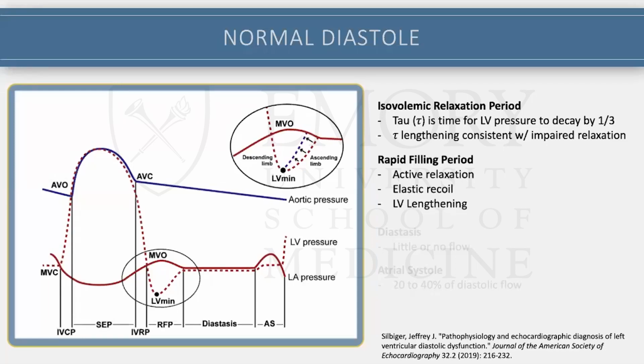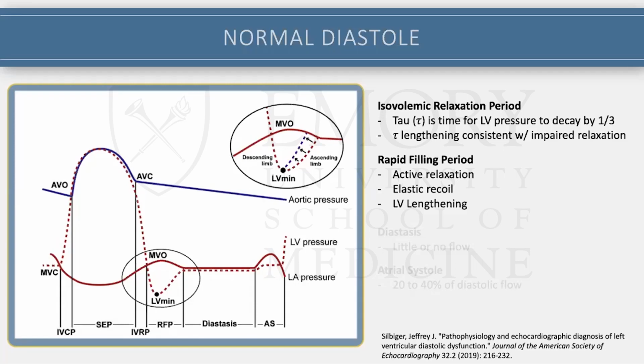Then you get to the rapid filling period, again a complex and energy-intensive period. There's been a ton of research into the number of factors that affect this period, but at a high level we can talk about active relaxation. That's resequestration of calcium into the sarcoplasmic reticulum using the SERCA pump, which might ring a bell for some.